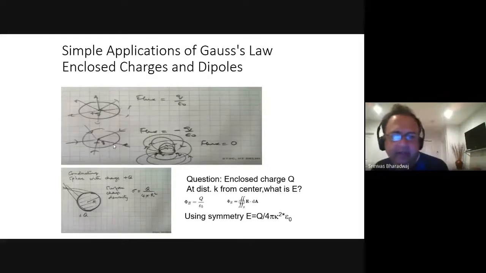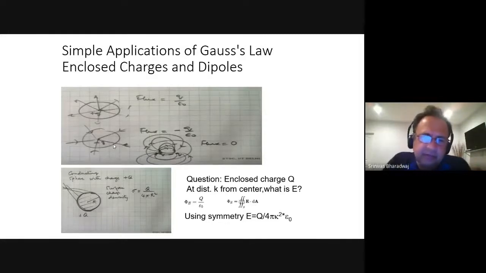The surface charge density will be Q by 4 pi r square, since it is uniformly spread. So the enclosed charge is Q at a distance r from the center. Using symmetry, the electric field will be Q by 4 pi epsilon naught r square at a distance r from the center.